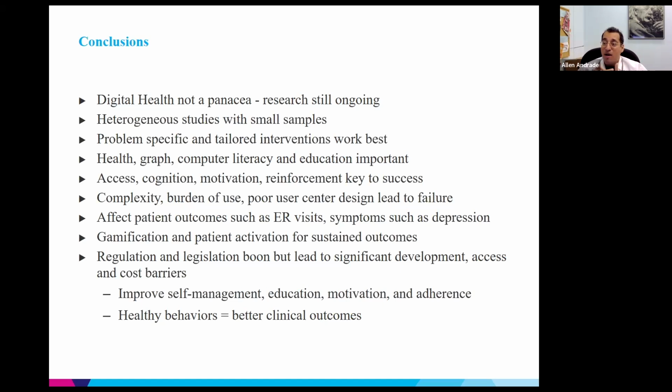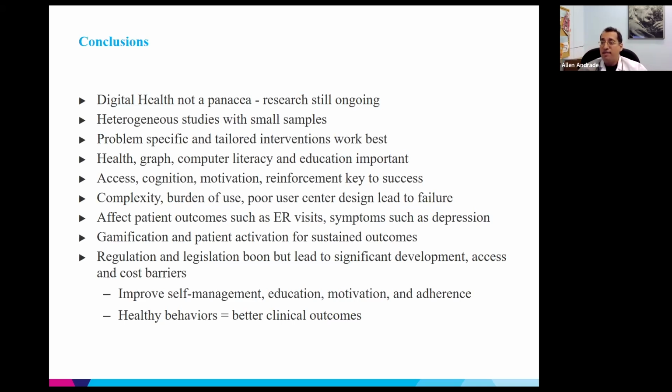Bearing in mind older adults' health literacy, their ability to manipulate information on a digital platform, graph literacy, computer literacy, and education is important in order to have success of any technology. Bearing in mind patients' access to devices, their cognition, their motivation, and reinforcement, helping patients onboard is a key to success of these digital interventions.